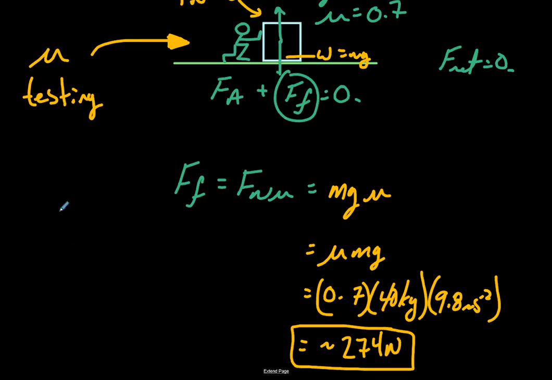You can't just say the mu value of rubber is like 1.2 or whatever it is, because it also depends on what kind of surface this has. This could be ultra smooth, or it could be like a box wrapped in carpet, which can be harder to push. So mu requires essentially knowing about both surfaces, and it will always be found by experiment, and in problems it'll just be given to you.